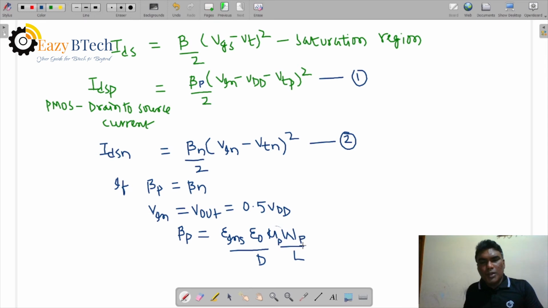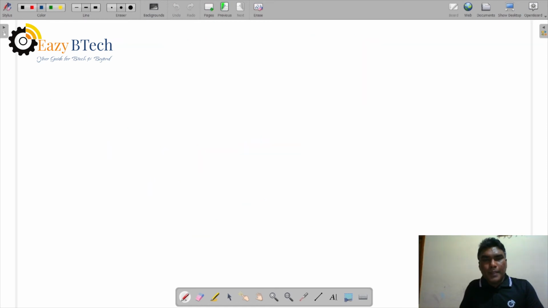W is the width of the polysilicon P-type, and L is the length of the channel P-type. Similarly, beta N is equal to epsilon insulation, epsilon naught, mu N, W the width of the polysilicon N type, and L the length of the NMOS N type, divided by D. Both are equal.